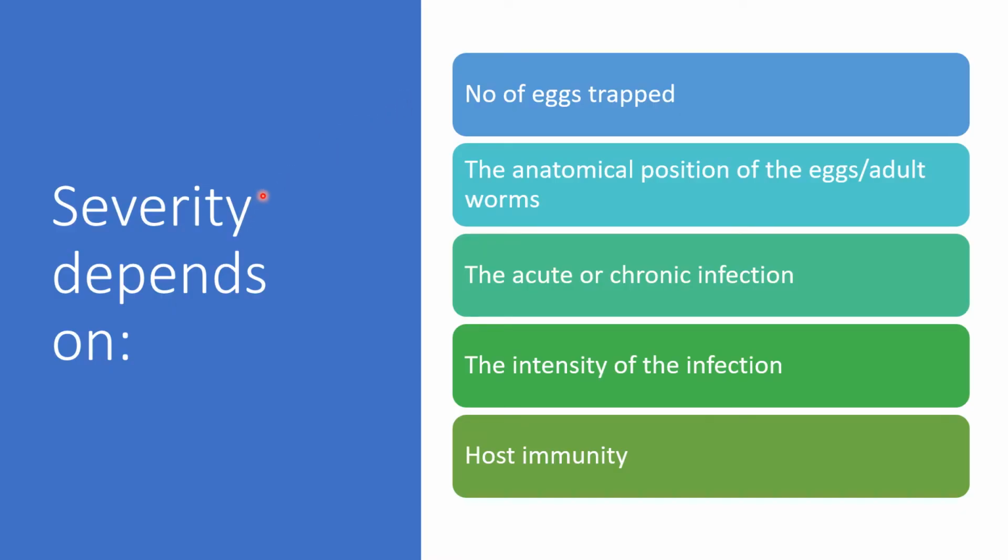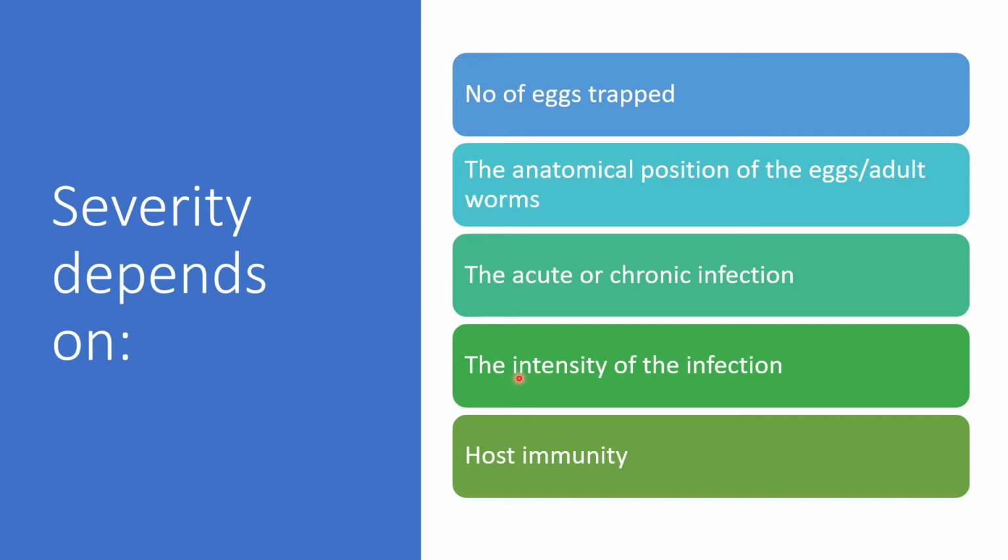Let me quickly go through what the clinical signs and symptoms will be based upon. It's going to depend upon the number of eggs trapped, and of course, where those eggs have been trapped, the anatomical position, and also where the adult worms have been trapped. Also, are we dealing with an acute condition or a chronic infection?